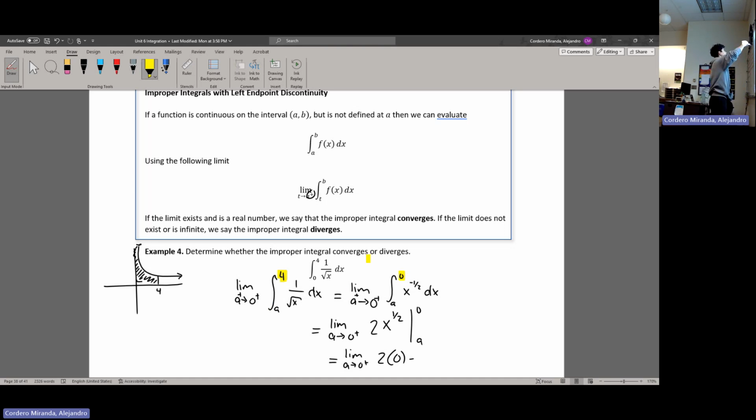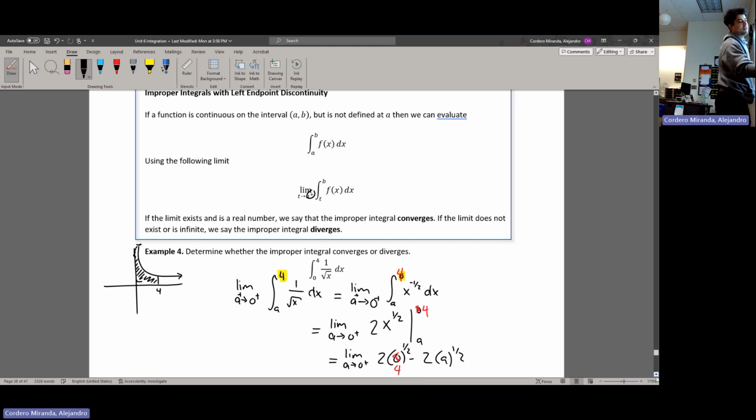That's my mistake. I'm sorry. That should have been a 4, making this a 4, making this a 4. My bad. Okay, so 2 times 4 to the 1 half. Sorry, y'all. Minus 2 times a to the 1 half.